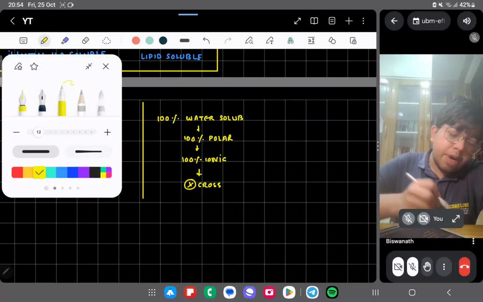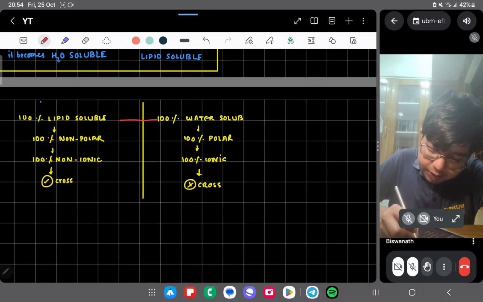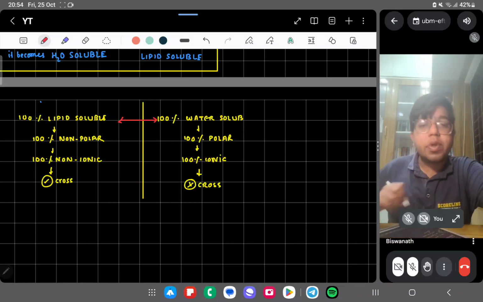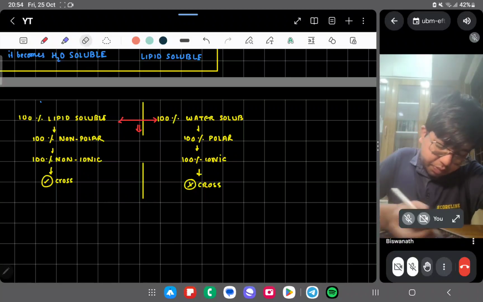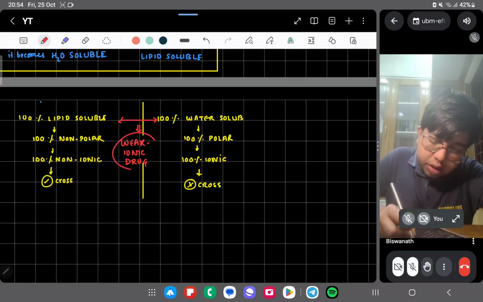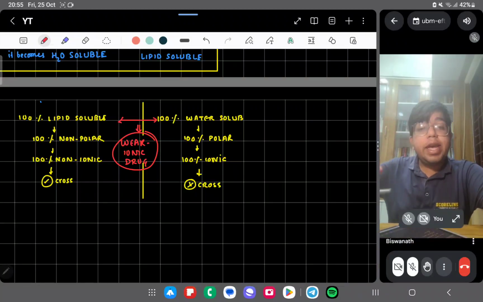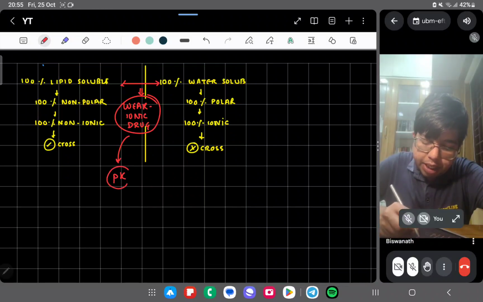Understood? But we don't have such ideal drugs. We have drugs in between, and these drugs are called weak ionic drugs. Whether they can cross the cell membrane or not is governed by something called the pK value.